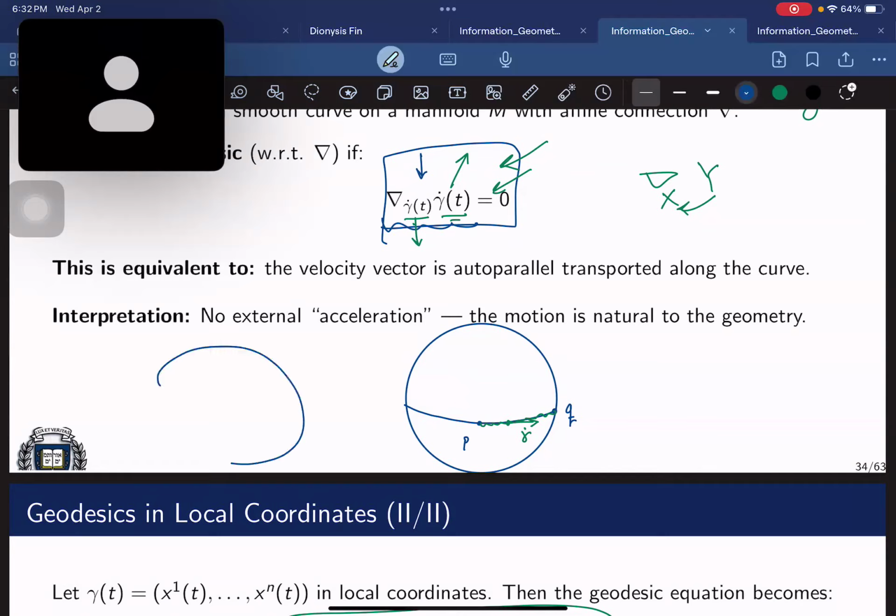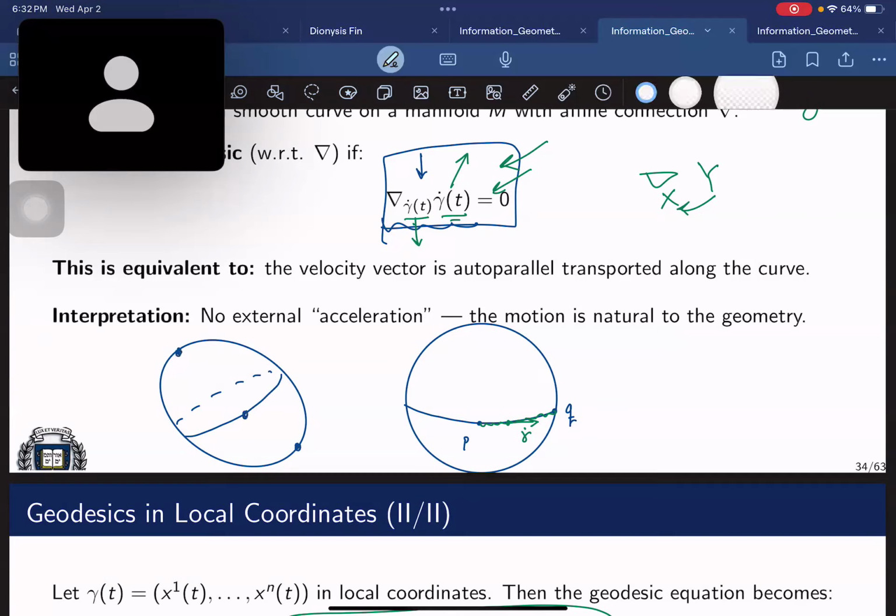For example, in a sphere, again, between the two poles or between these two points, P and Q, if I have some natural connection, I will show you what a natural connection is. The natural connections are those that are invariant with respect to change of the coordinates.